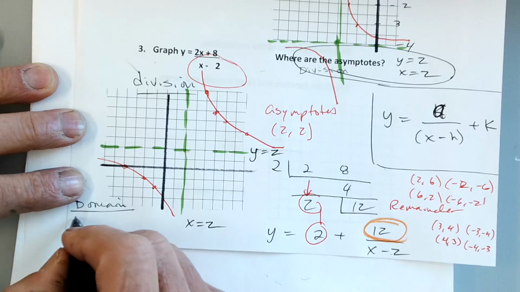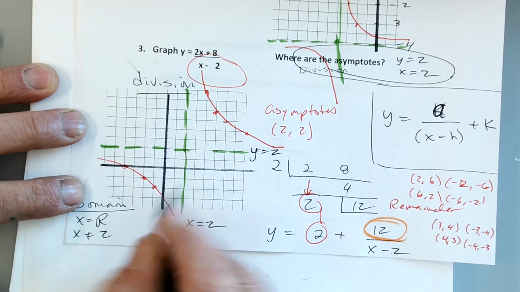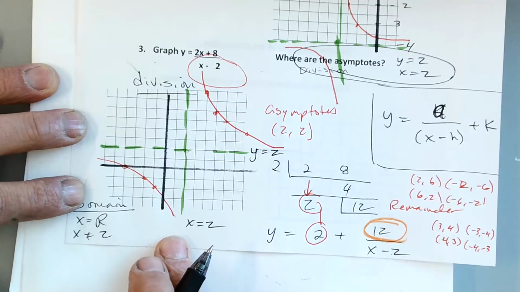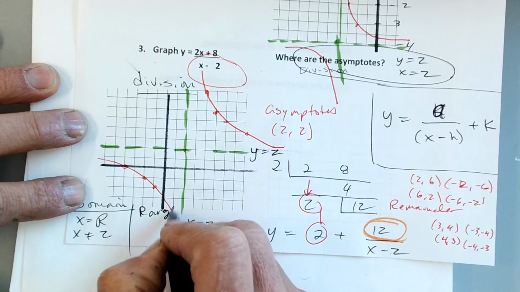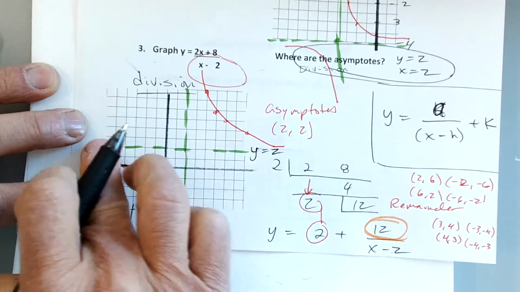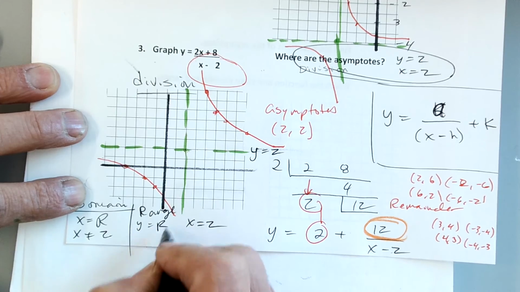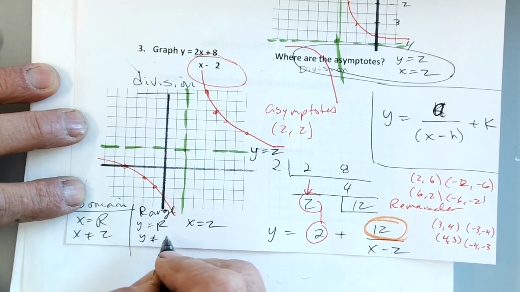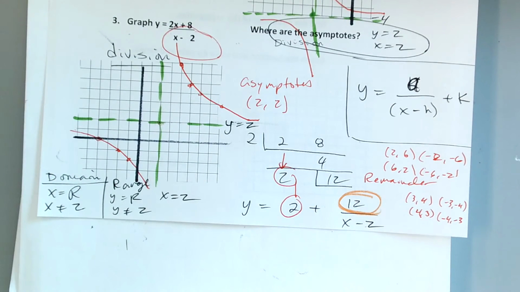So the domain is all real numbers except x cannot equal 2. That's where my asymptote is, right? And my range goes forever up and down except not right here at 2. So it's y equals all real numbers except y cannot equal 2. Okay. How am I doing? It was a little bit harder of a problem.